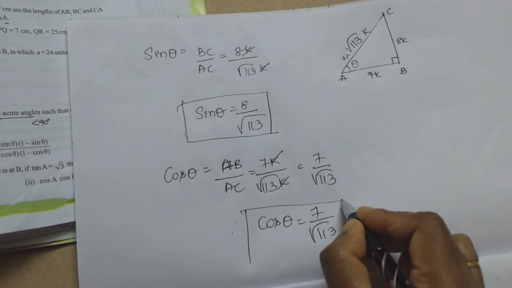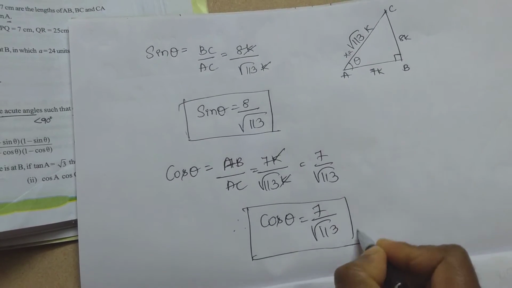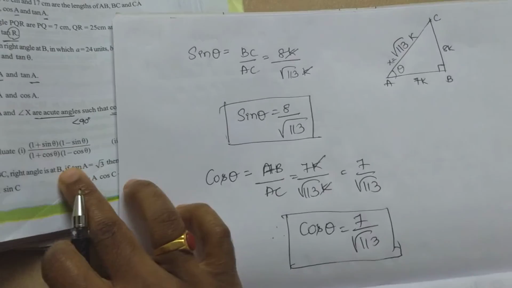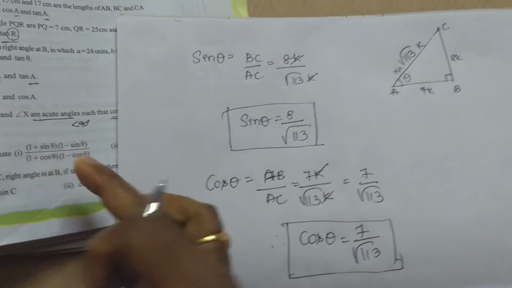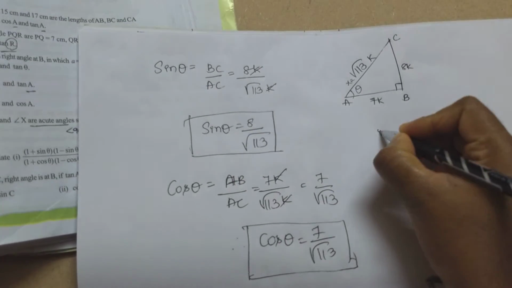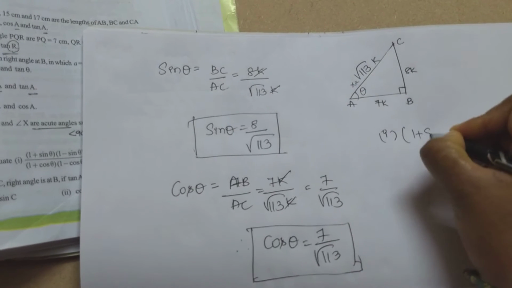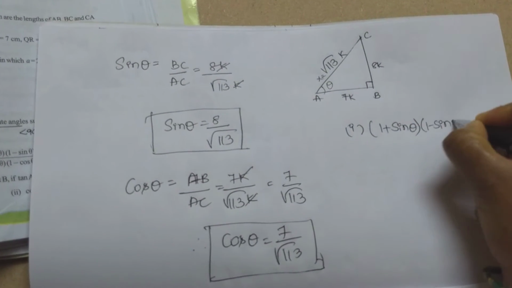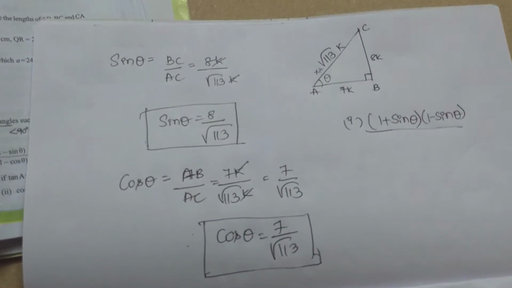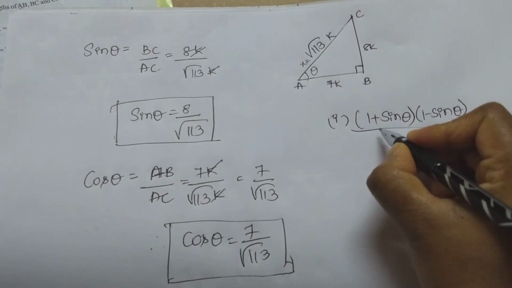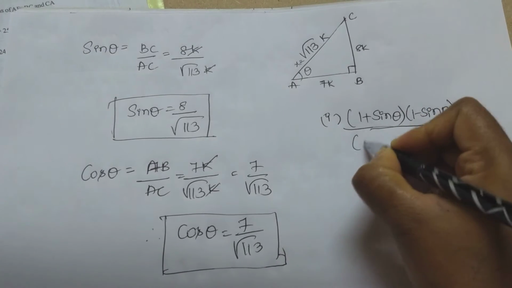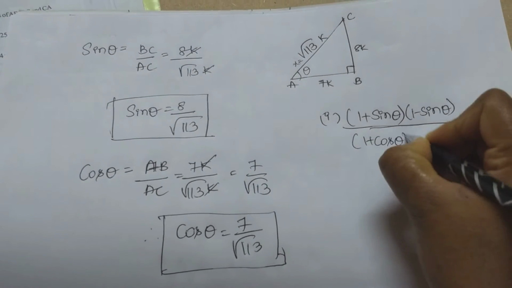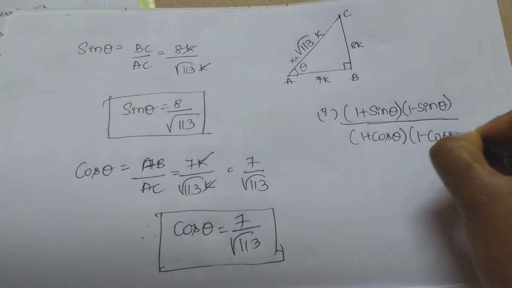So the sin theta value and cos theta value you got. So what needs to be solved here? The first sub question: (1 plus sin theta)(1 minus sin theta) divided by (1 plus cos theta)(1 minus cos theta). This we need to solve.